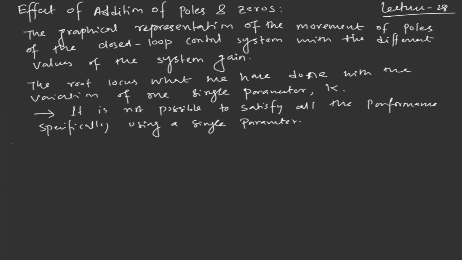To solve this problem, we need to come up with some different kind of compensation which can be added to the control system to meet the performance or the specification that the designer has.